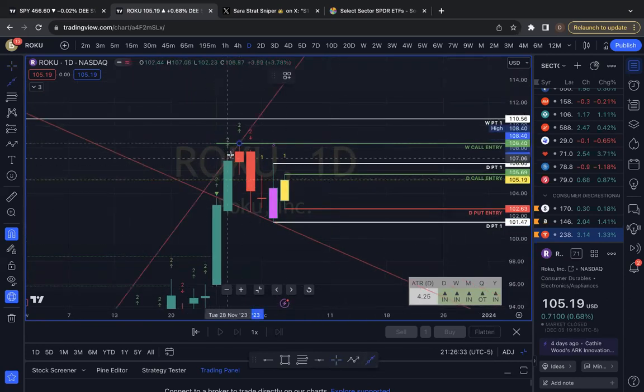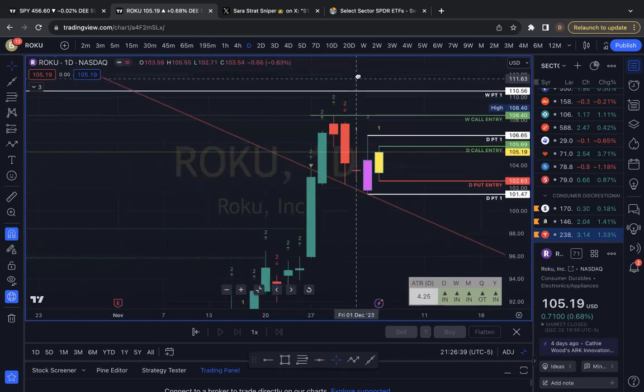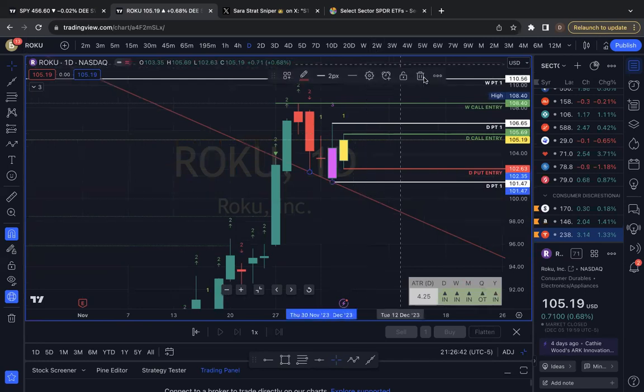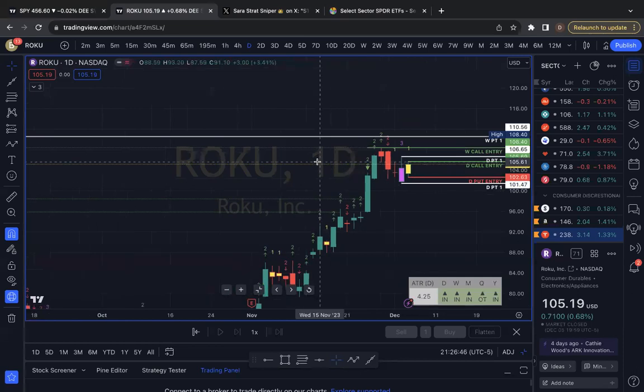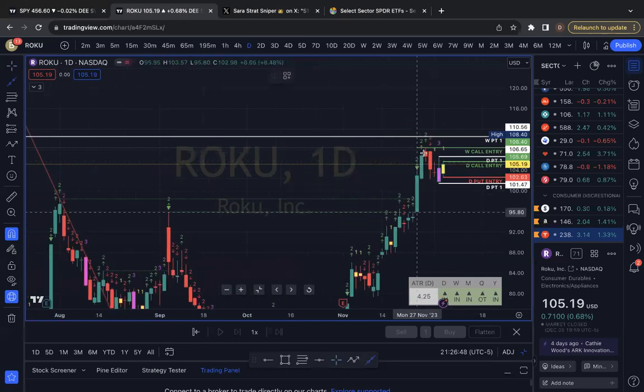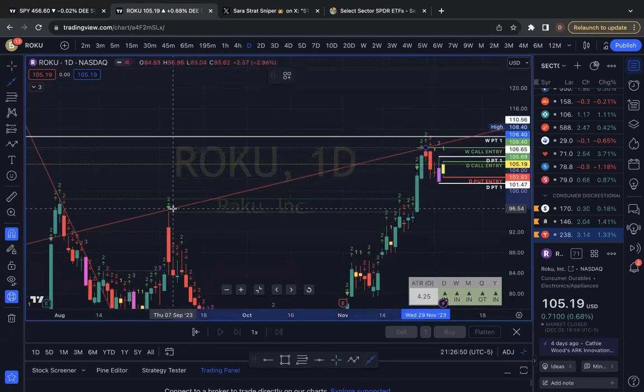So this is the thing you have to understand about broadening formations. Broadening formations are relative to whatever you're looking at. They're literally everywhere. They're infinite. There's not one wrong broadening formation.